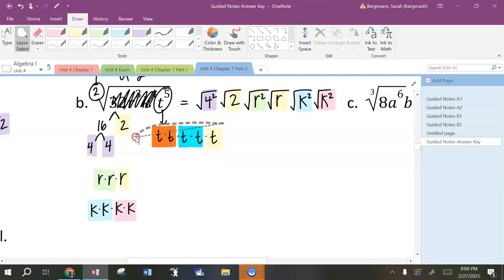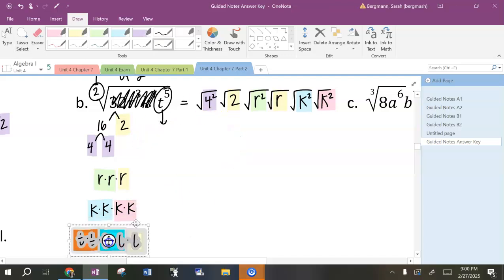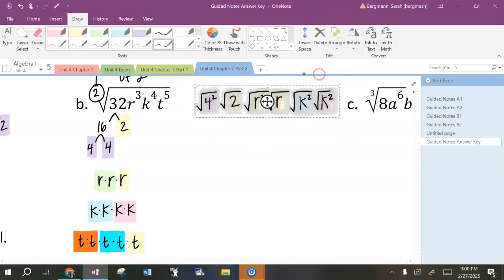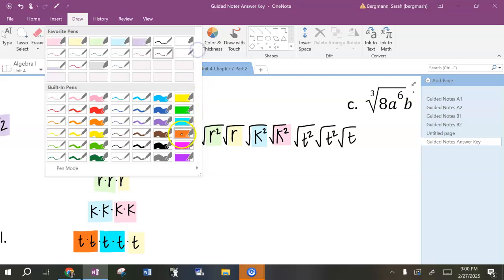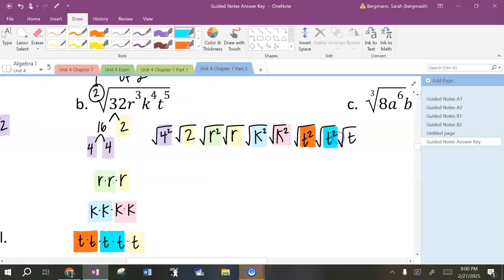Okay, I need to move this out of the way. I'm running out of space here. I'm going to have to move this down. Okay, so I had t squared, and t. T squared from the orange, another t squared from the blue, and my leftover t in yellow.